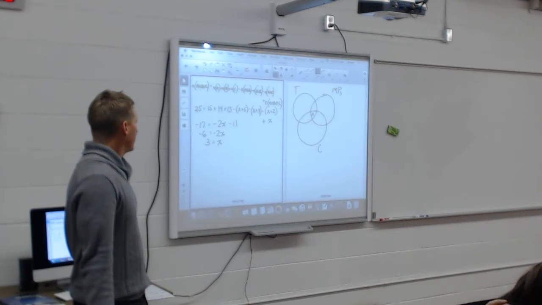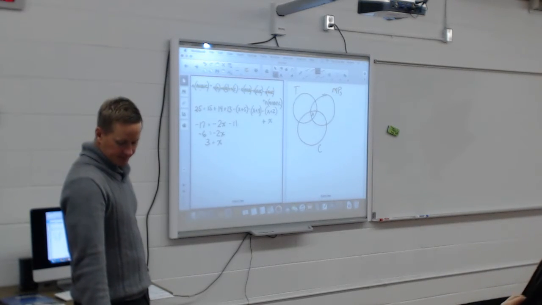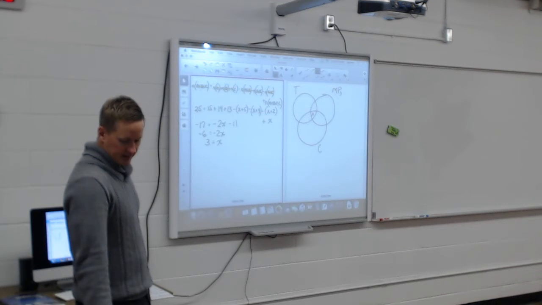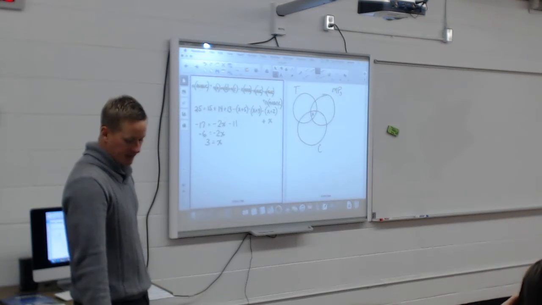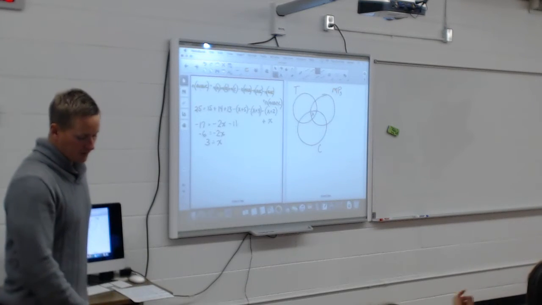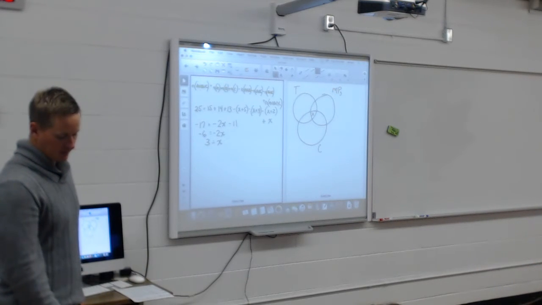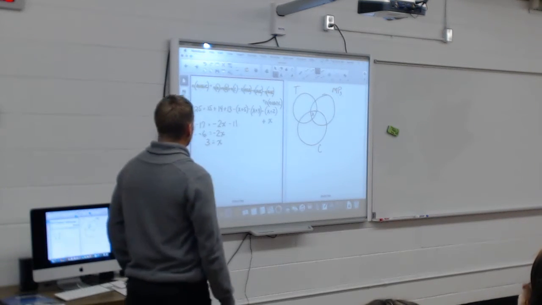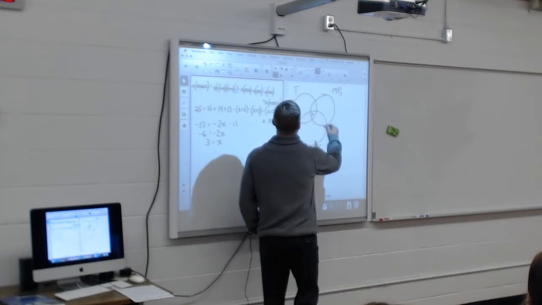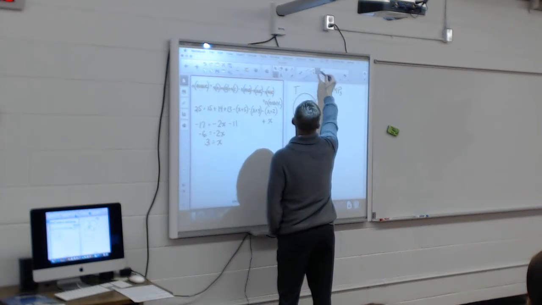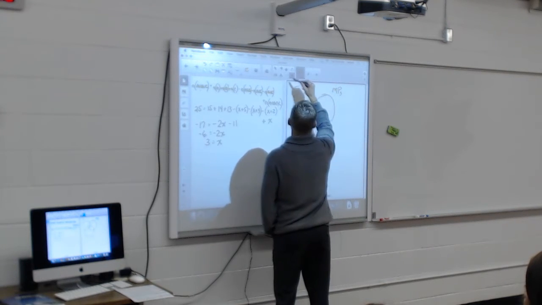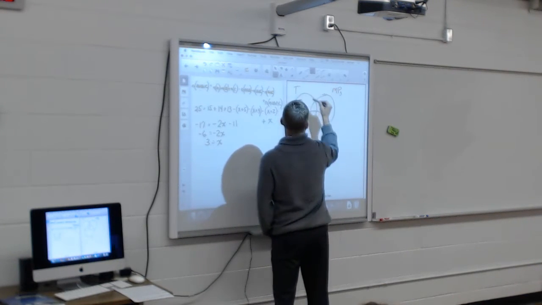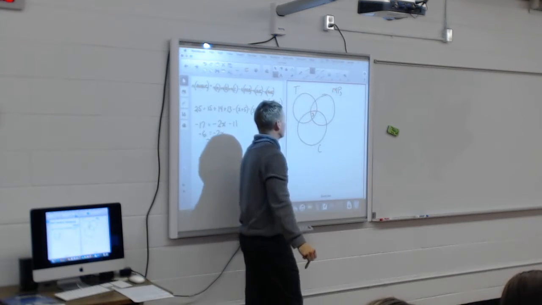So if x is equal to 3, that tells me that how many students have all 3 devices? 3. How many students have only 1 device? How do I find out how many students have only 1 device? Well, let's go back through this now. So let's set this up. And let's go through. We know what the middle guy is. This is 3. Okay?